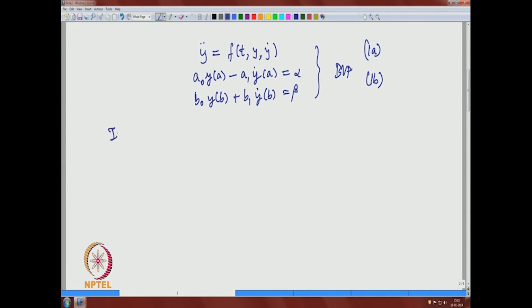and the corresponding initial value problem. So, u double dot equal to f of t, u, u dot, and a0 u(a) minus a1 u dot(a) is equal to alpha, and c0 u(a) minus c1 u dot(a) equal to s.